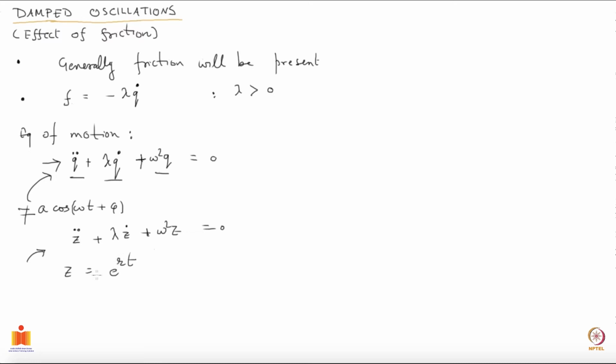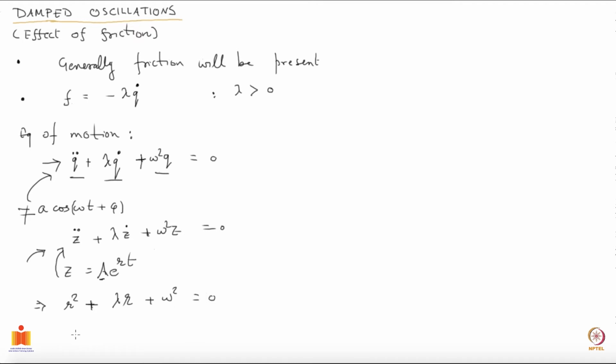So let's substitute z equal to a, which is some constant, times e to the rt in the equation. When we substitute this, I get immediately r square, which is what you get by differentiating twice, plus lambda r, since a single derivative pulls out an r, plus omega square, and a completely cancels out because each term has an a. So this is what we get.